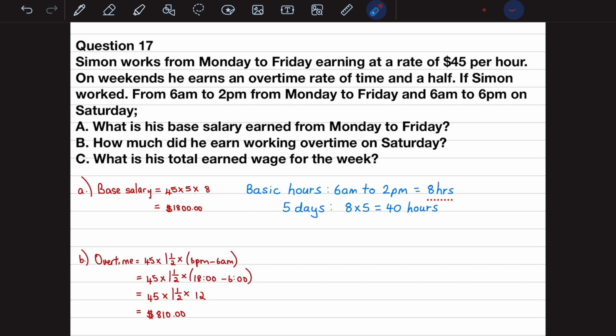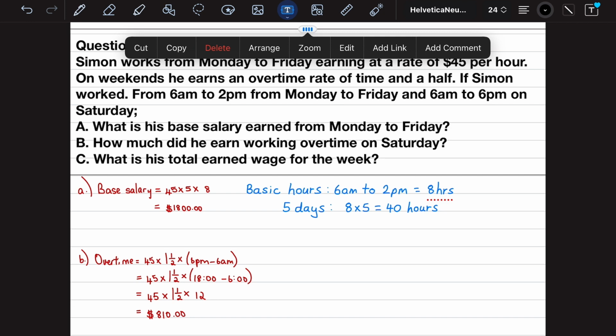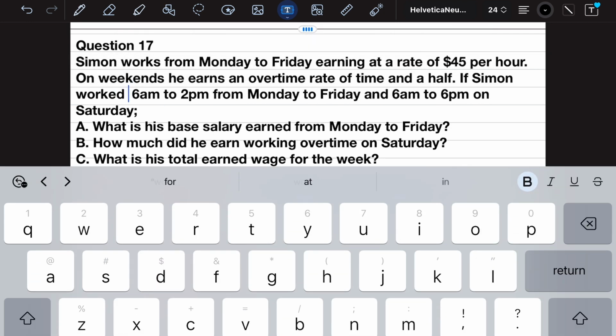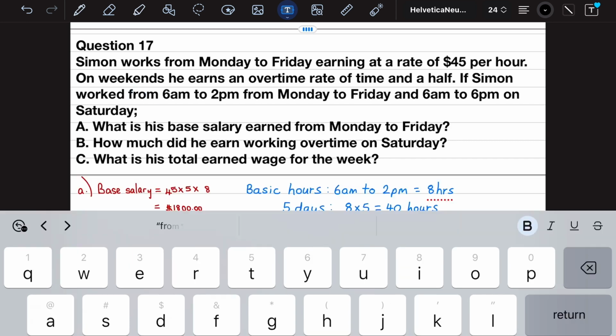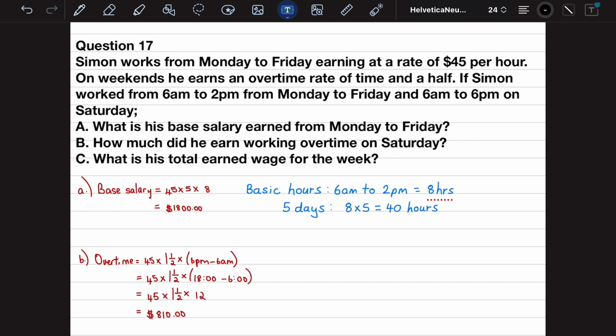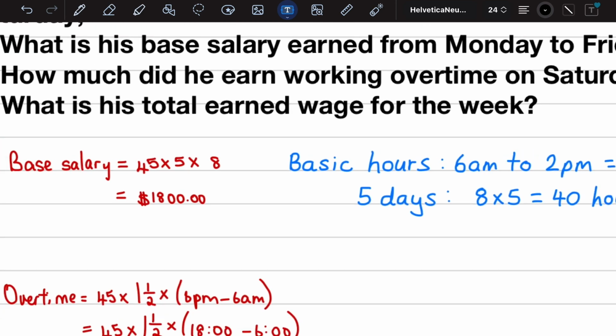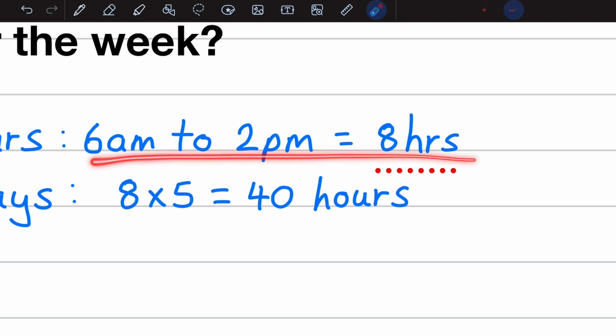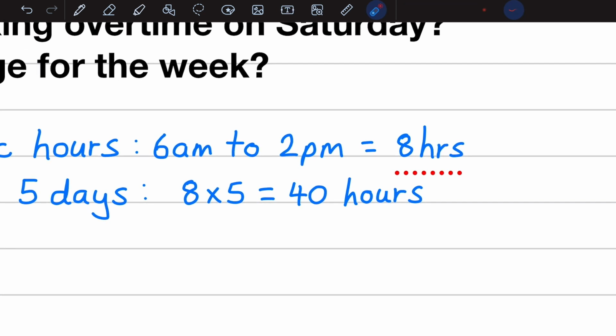So let's just make a correction to this typo. Alright, so his base salary or his basic salary would be $45 per hour multiplied by the number of hours. So 6 a.m. to 2 p.m., we know that's 8 hours, and 5 weekdays, so that's 40 hours.